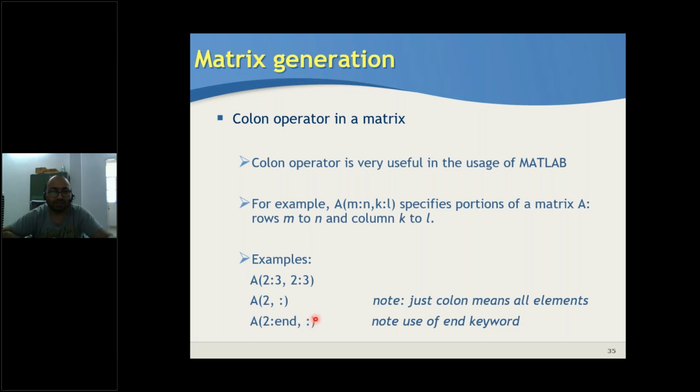Now if you want to get the information from the second to the last row, and you don't know the size of that particular matrix, then you can use this end value. This end represents the maximum size of that matrix. So this will display the second to the final row of that matrix and all the columns.